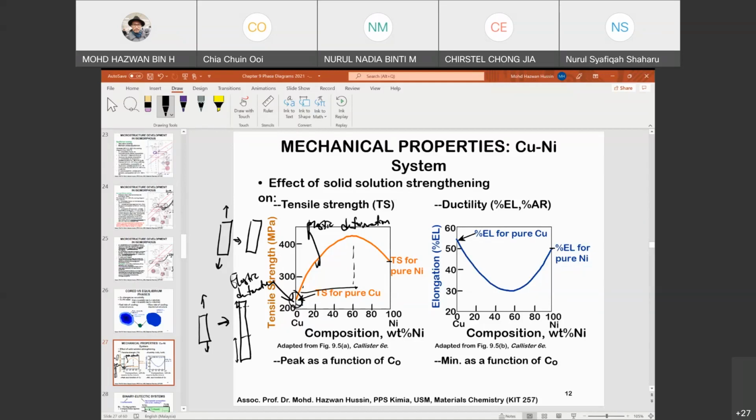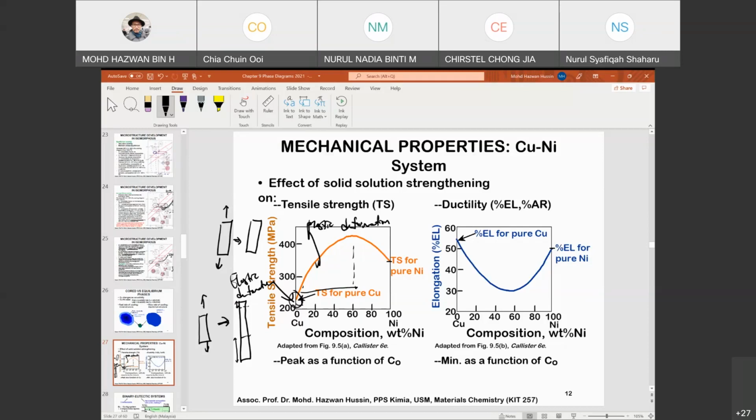So this is what we call plastic deformation. If you notice, with metals, if you pull with a small force, it will return to its size. But if you increase the strength and the composition, if you pull it, it will elongate.